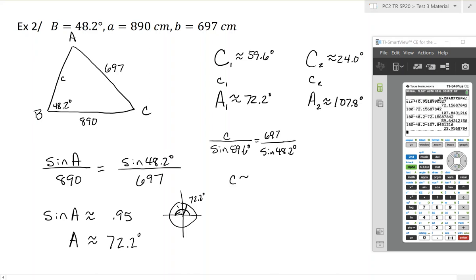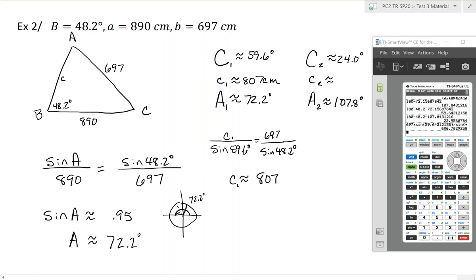So c is approximately 697 times the sine of 59.6, and we're dividing by the sine of 48.2, and I get about 807. So c sub 1 is about 807 centimeters.